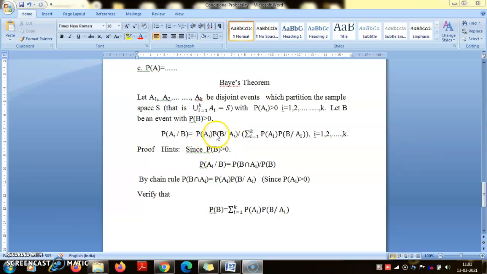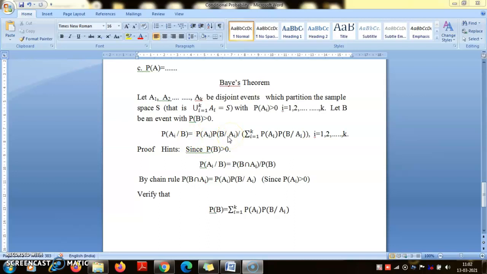So the probabilities of B given Ai are called the prior probabilities, and Ai given B is called the posterior probabilities. Bayes theorem is a method of computing the posterior probabilities in terms of the prior probabilities.